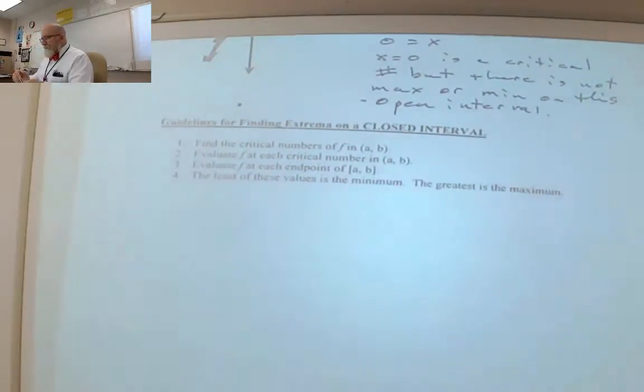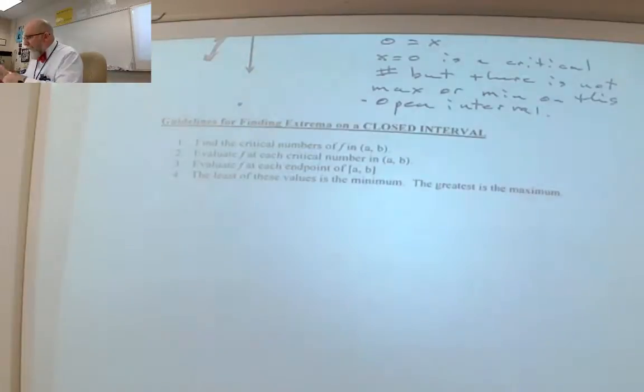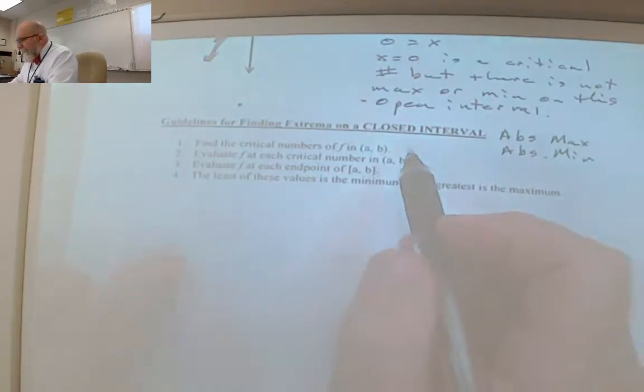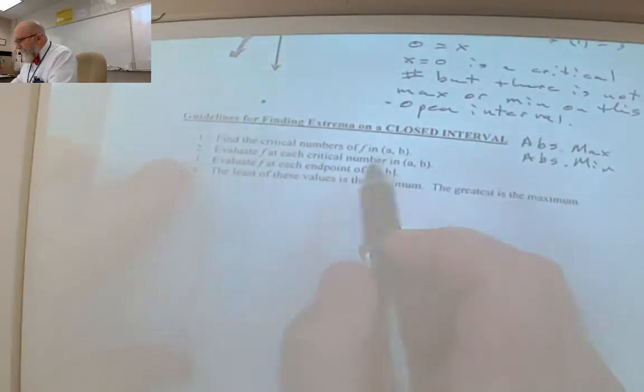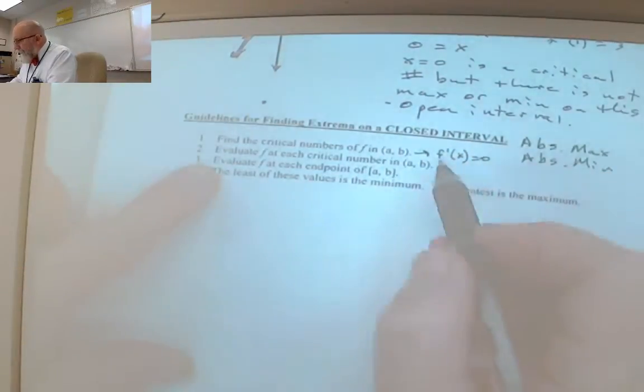We're going to come back to that Monday. So guidelines for finding extrema on a closed interval. Remember, when you have a closed interval, you are guaranteed to have an absolute max and an absolute min. So you find the critical numbers. How do you find the critical numbers? You take the derivative and you solve.